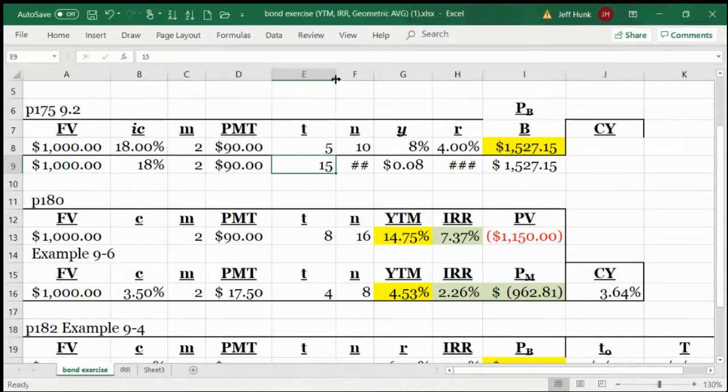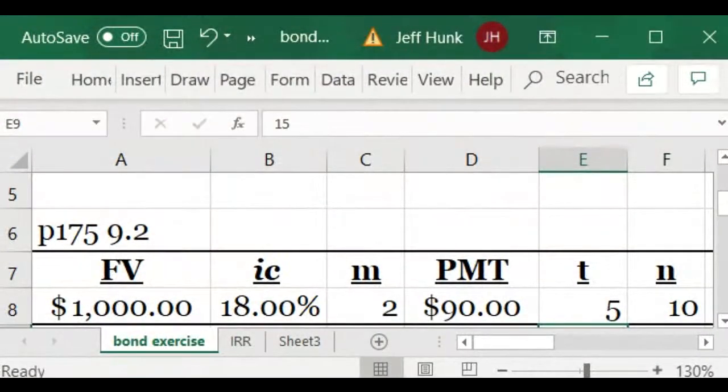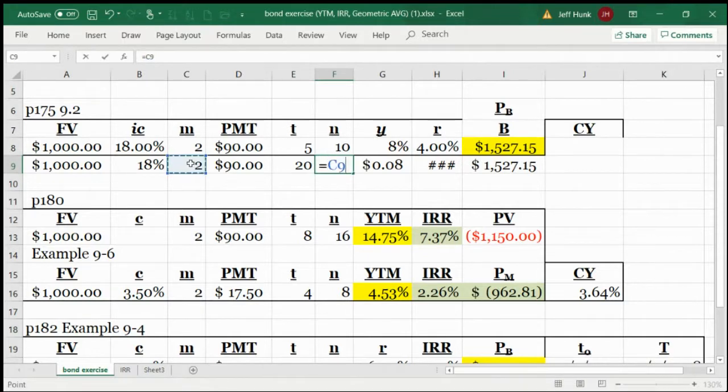Look, it was 25. Let me quickly go back. It was a 25-year bond 5 years ago. Okay, so 20 years left, right? It's 20 years left. So 20 years left, so 40 periods.